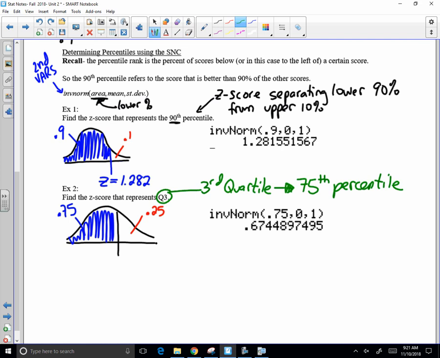That Q3 comes from the box plot. Q1 and Q3 represent the first and third quartiles. So we get about 0.674 as the z-score.